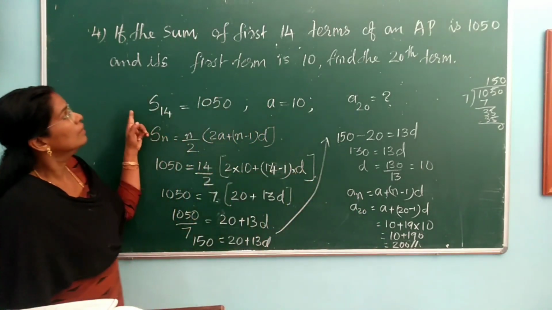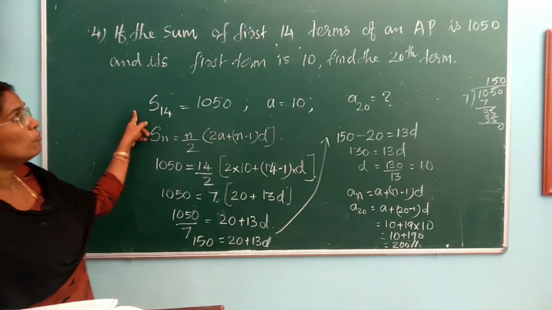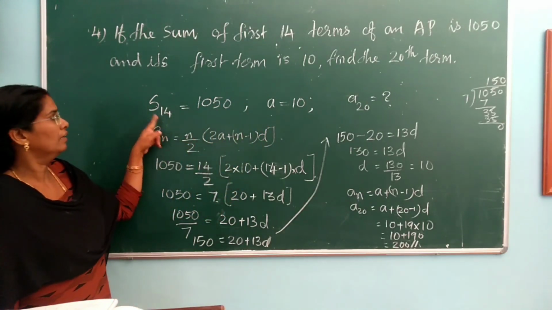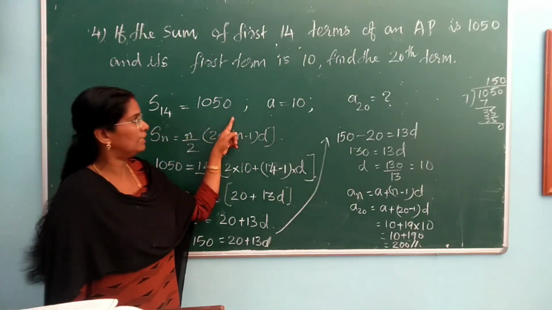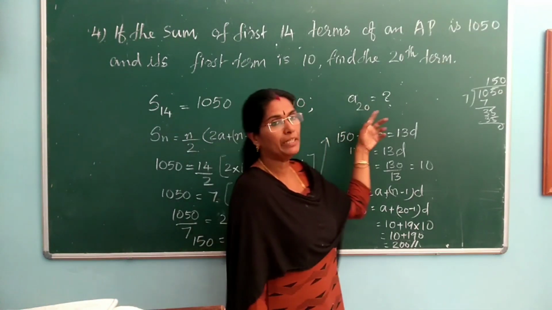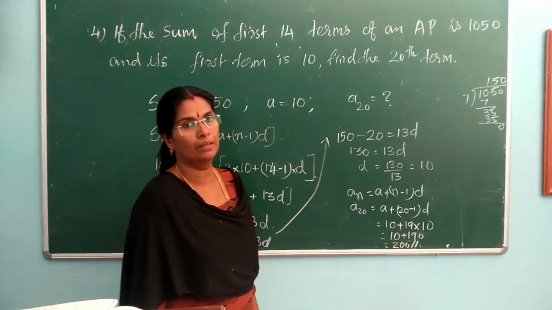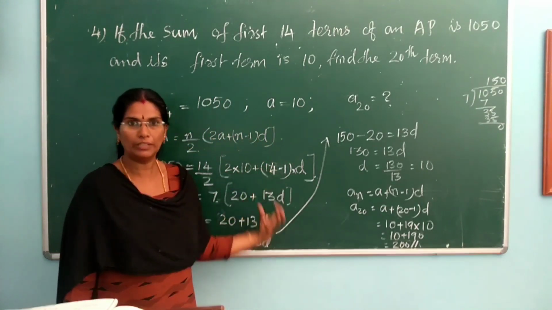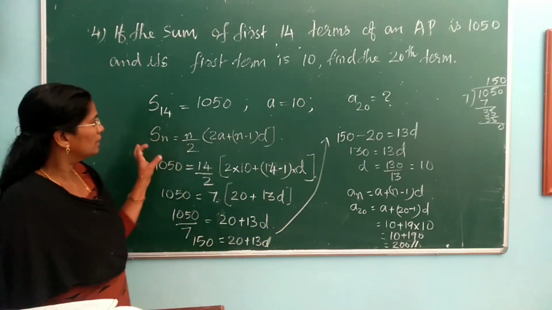One more time. Here the sum of 14 terms, that is S14, is given. S14 is 1050. Then the first term is given, 10. A20 we have to find out. So here D is not given. First you have to find out D by using this formula.